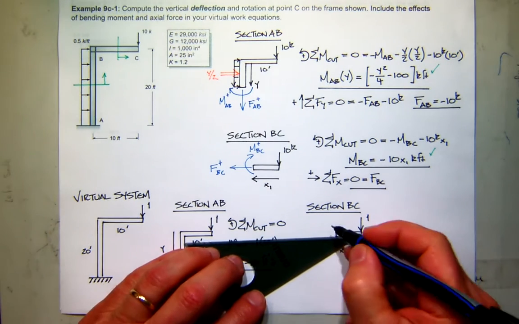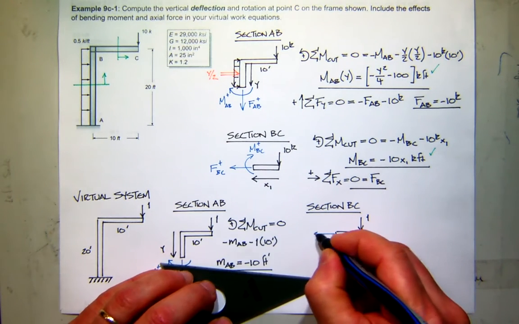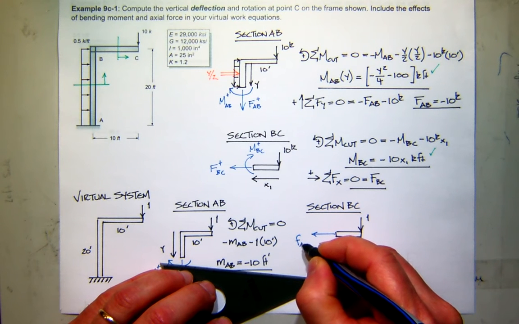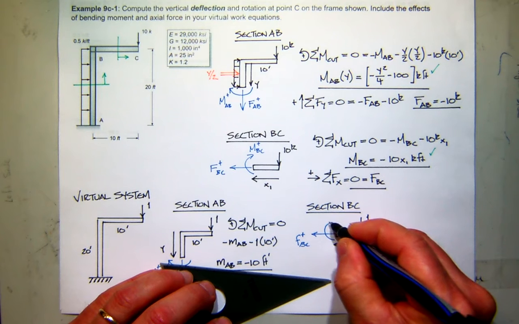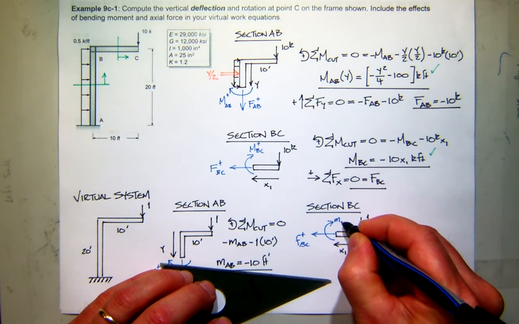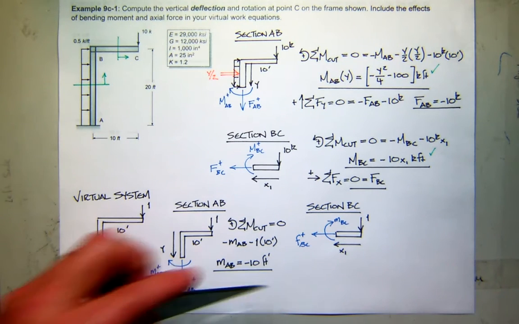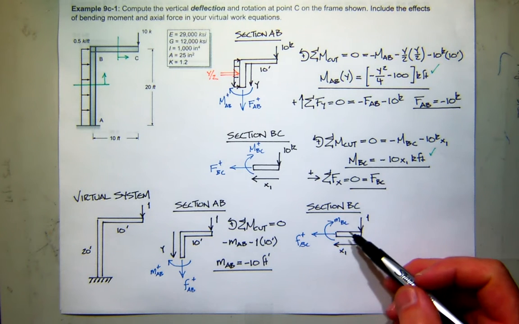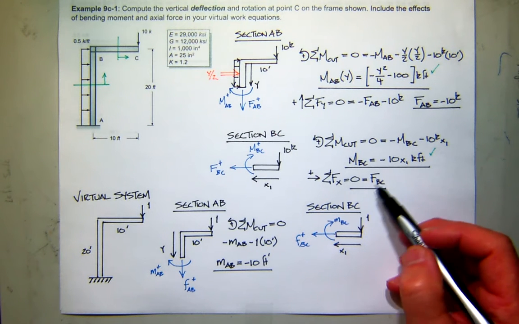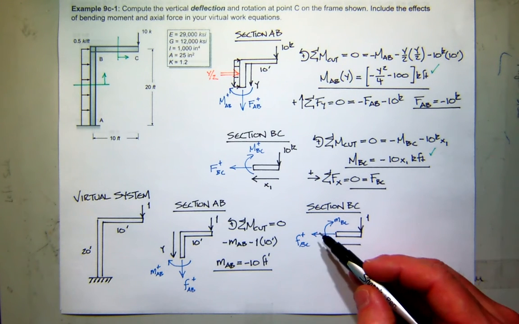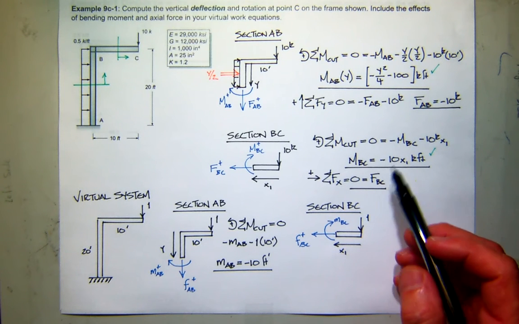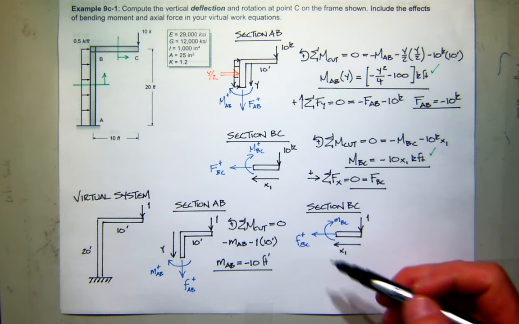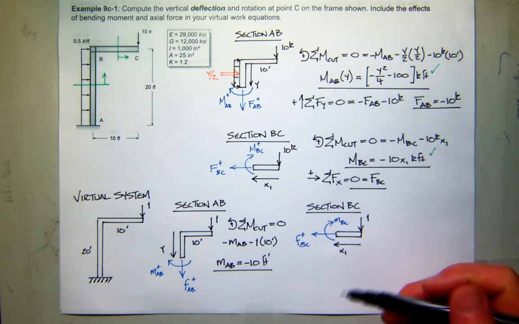Except interior, we would have the virtual force in BC and the virtual moment in BC. One thing to remember is the real axial force in BC is 0, so we don't even need this one. But you'll find out that it's also going to be 0. So even if there were a real force, the virtual force would knock it out.